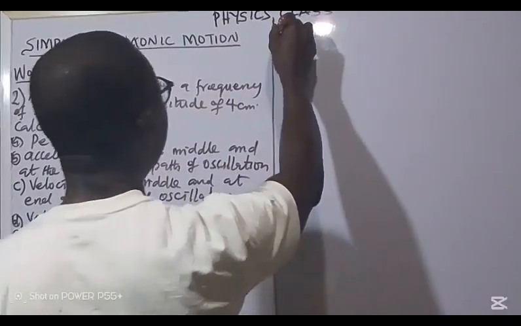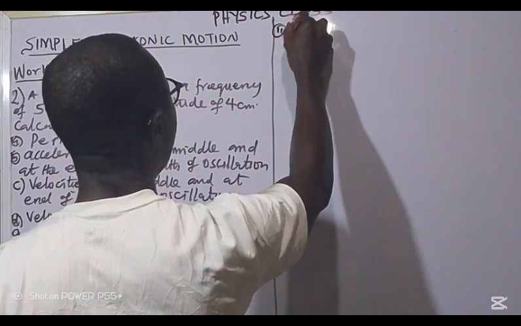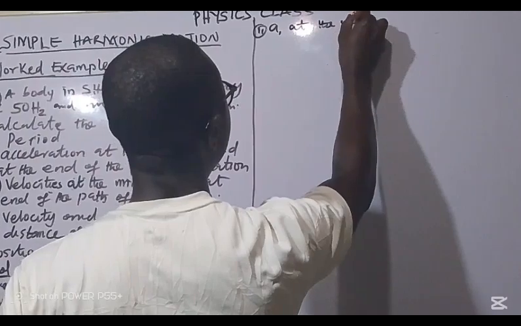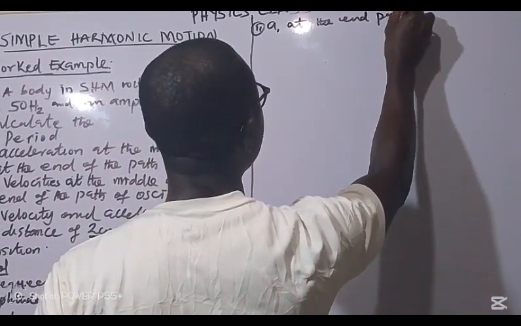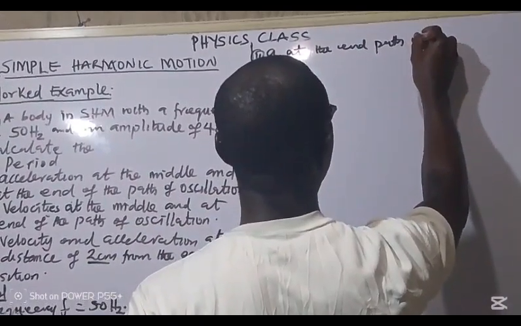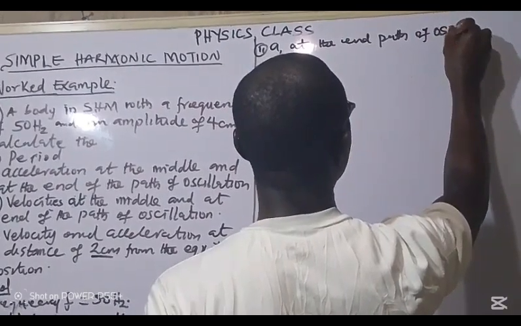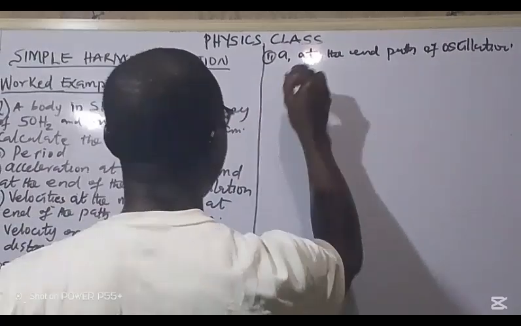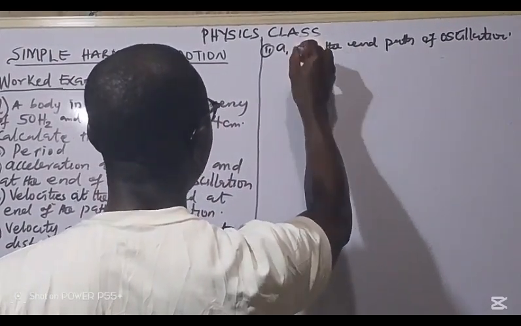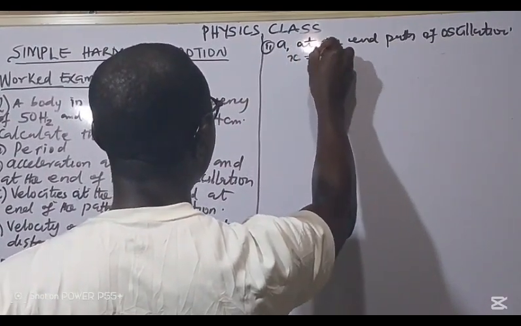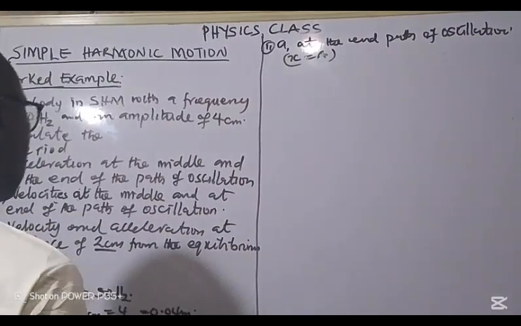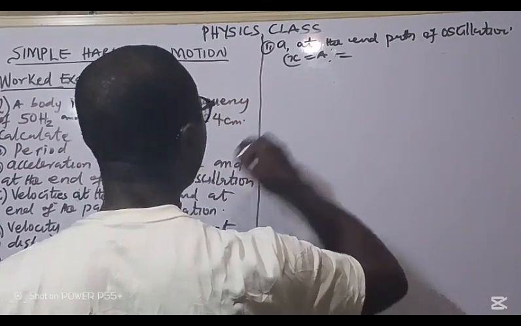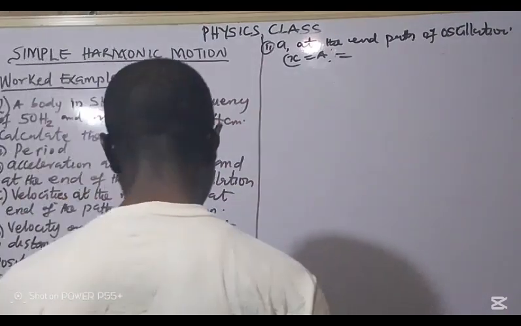B2, a at the end part of the oscillation. Mind you, we said at this particular point, x will be equal to A, which is given as 0.04 meter.